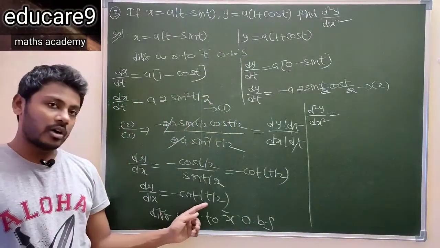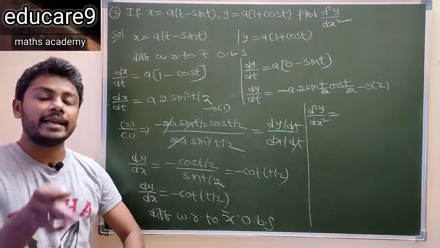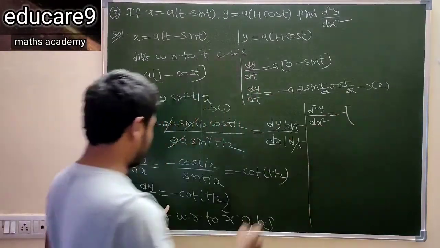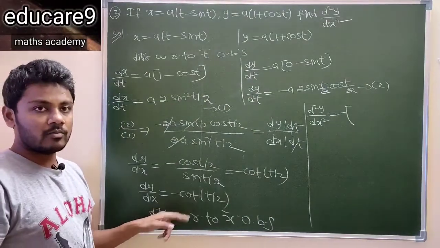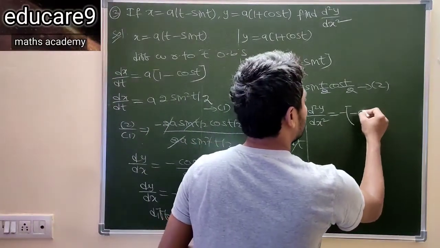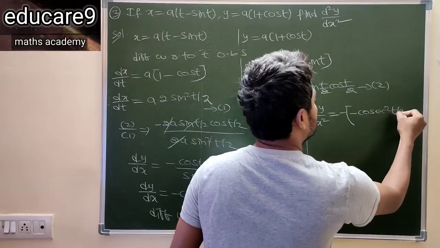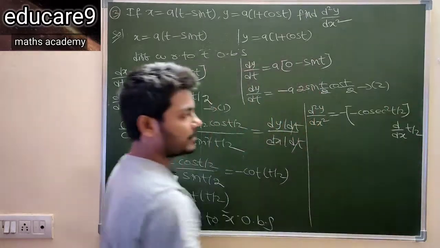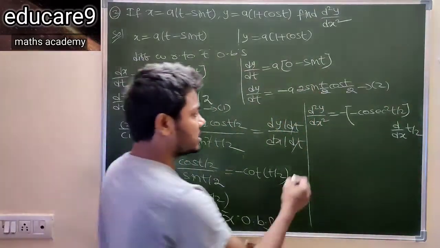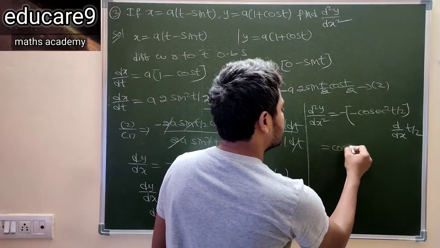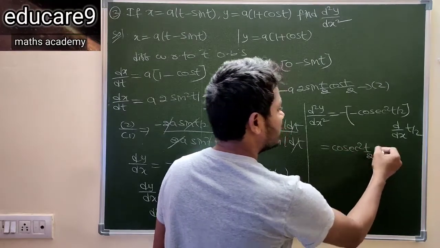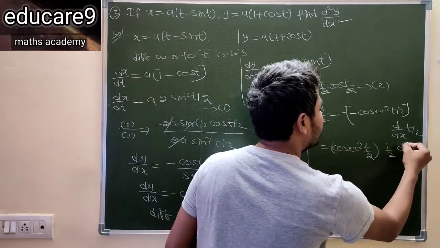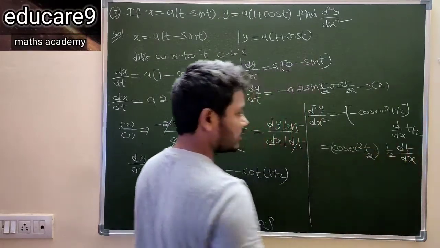The derivative of cot theta is minus cosec square theta, so this is minus of minus cosec square t by 2 into d by dx of t by 2. Now this is cosec square t by 2, and this is 1 by 2 into dt by dx.